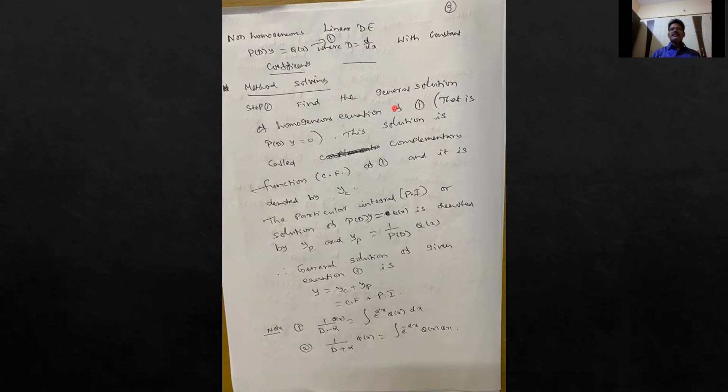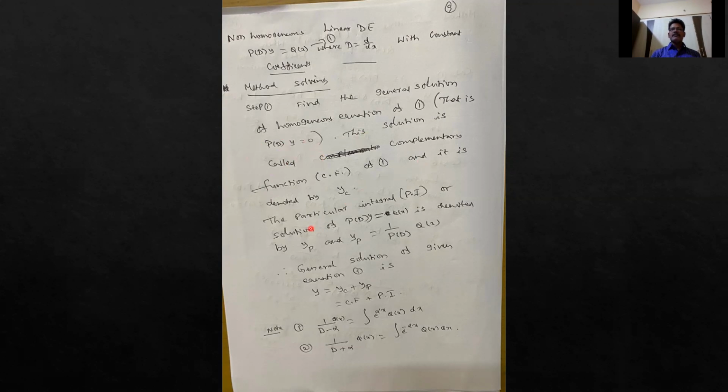So first, to find the general solution, find the solution of the homogeneous equation, that is P(D) of y equals 0. This solution is called the complementary function and it is denoted by Yc. We get the complementary function by finding the solution of the homogeneous equation of the given equation, that is P(D) of y equals 0.